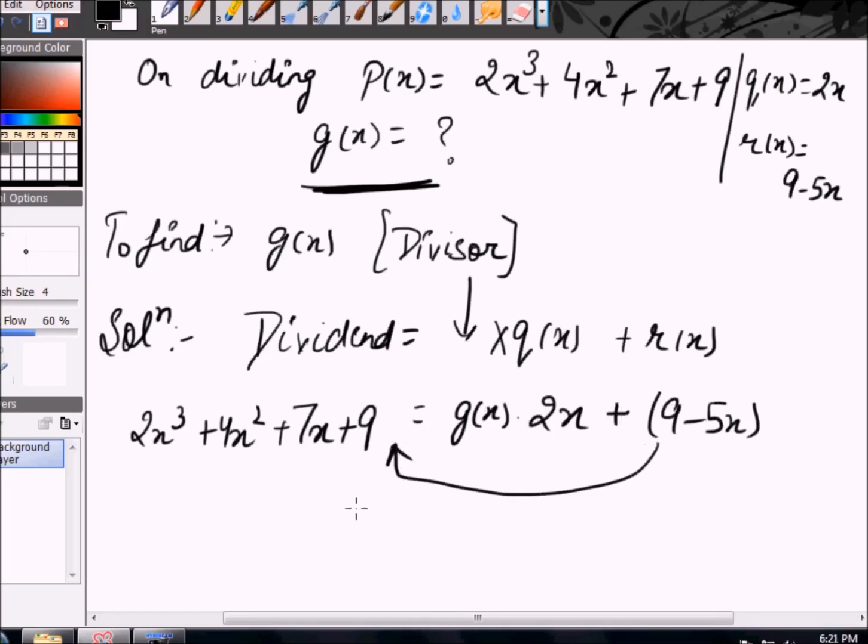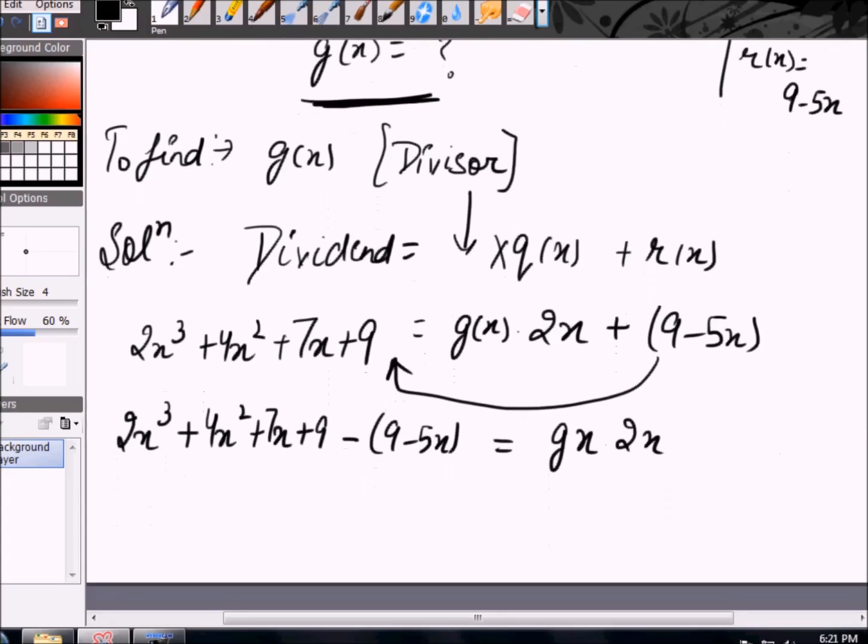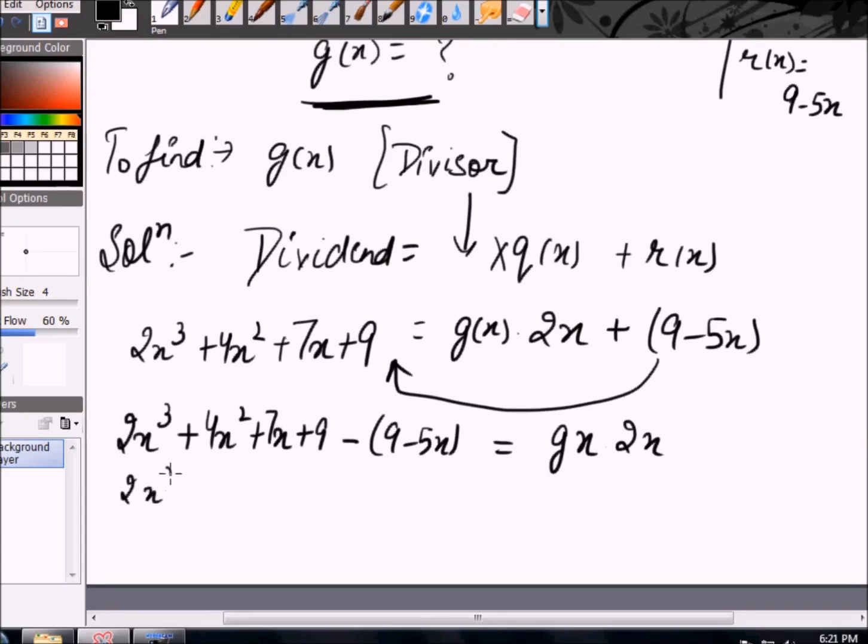Bringing this remainder to our left hand side, we have 2x cubed plus 4x square plus 7x plus 9 minus 9 minus 5x equals g(x) into 2x, which will give us 2x cubed plus 4x square plus 7 minus into minus.